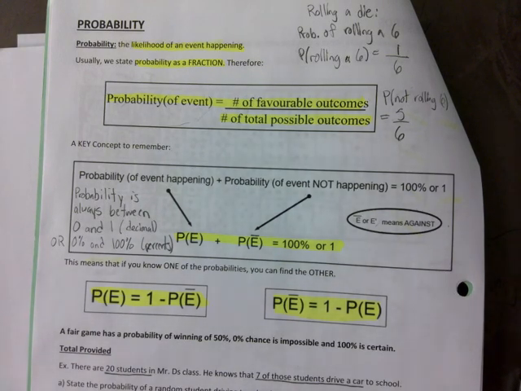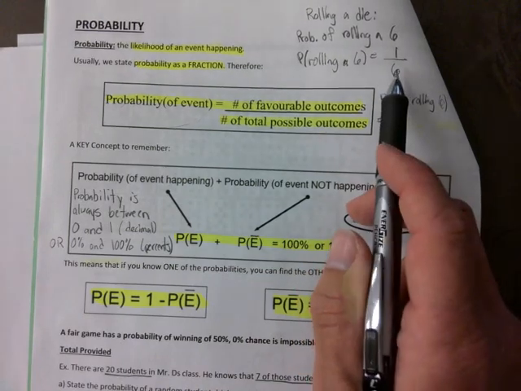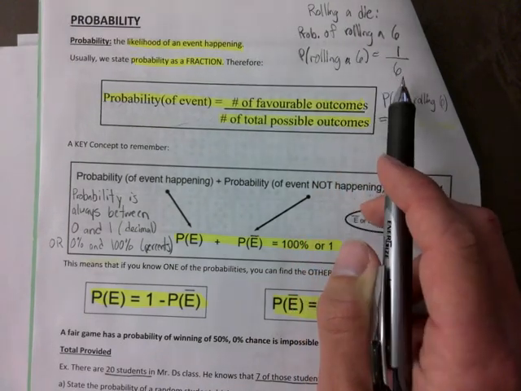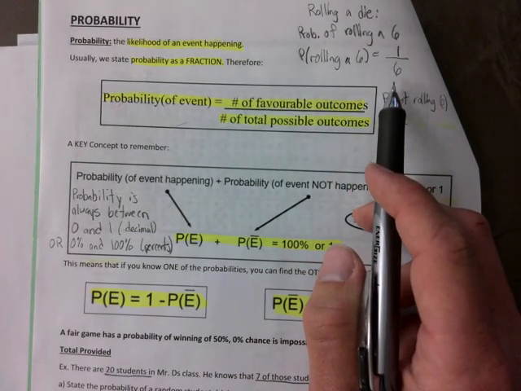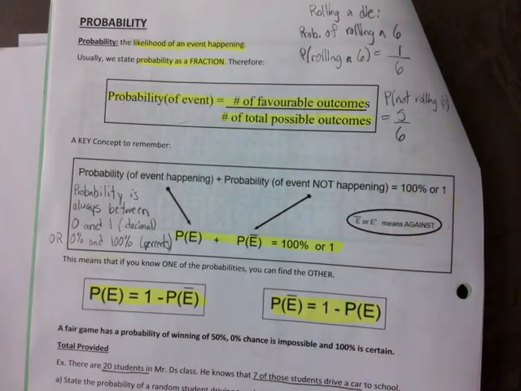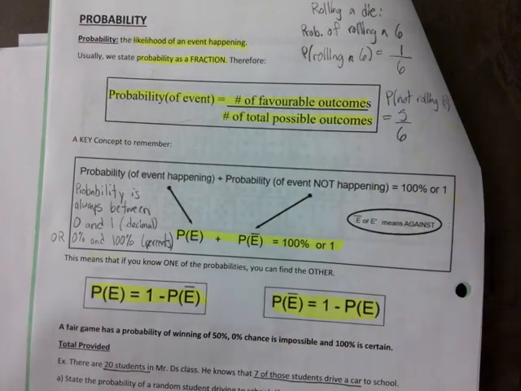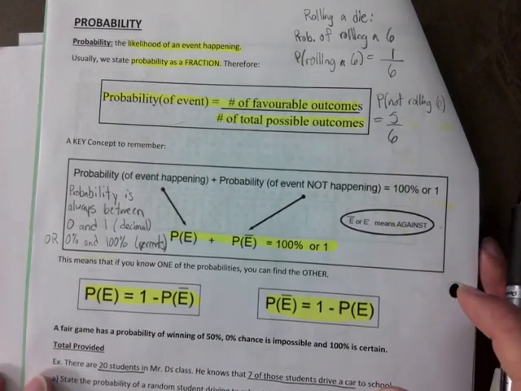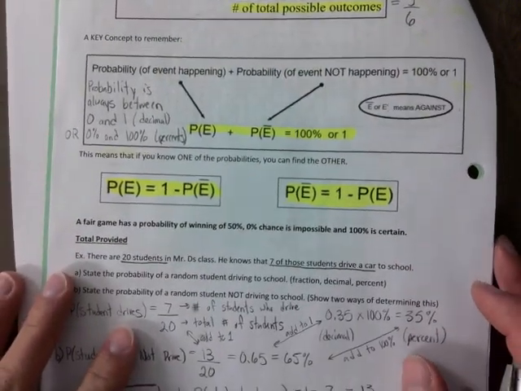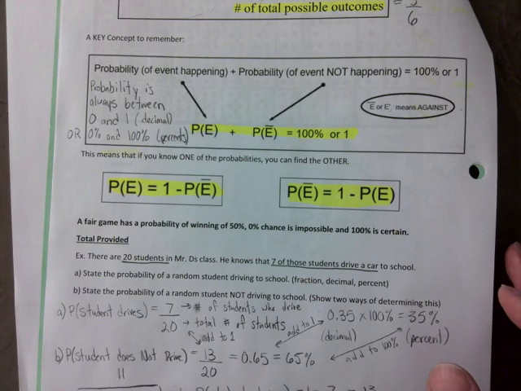There's 6, 6 sides. So the probability of rolling a 6 would be 1 over 6. The probability of rolling any number, if it's a fair dice, would be 1 over 6 for every number. That was what probability is.